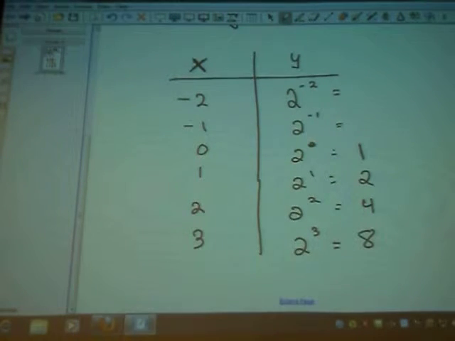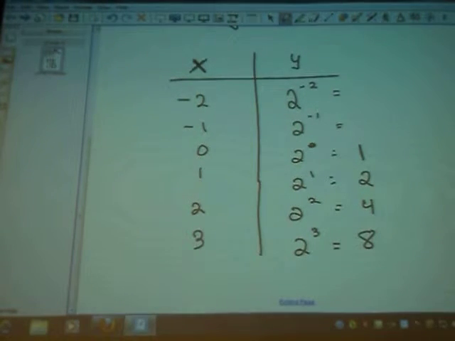Okay? Now what about negative exponents? 1/4, right? What happens to negative exponents? They become fractions, right? It doesn't mean you have a negative number. Okay? The number is not negative. The exponent is negative.